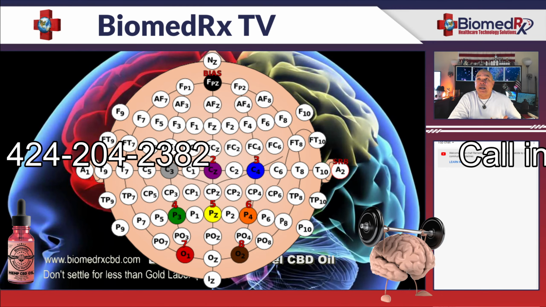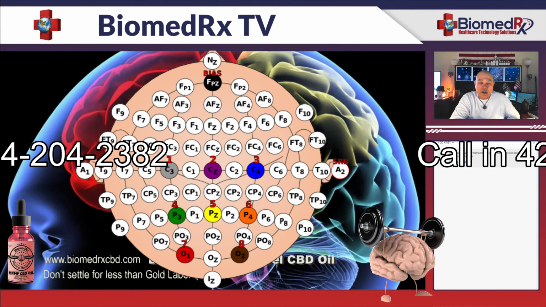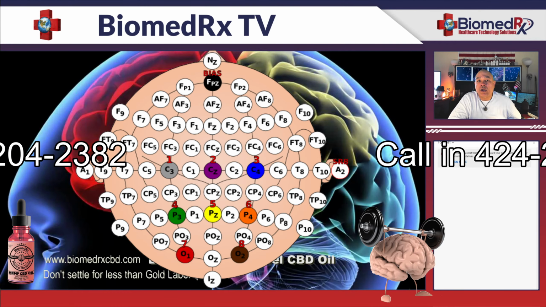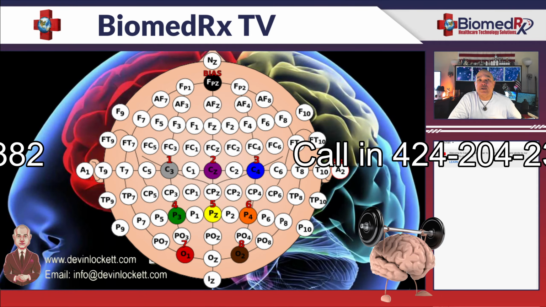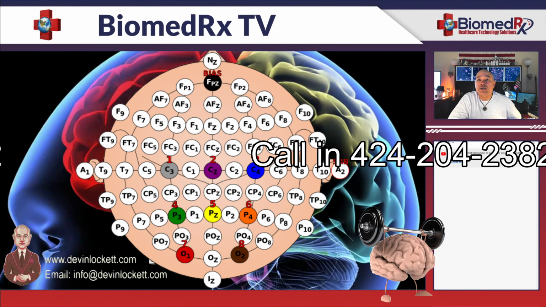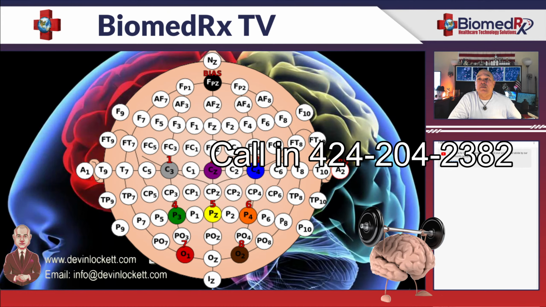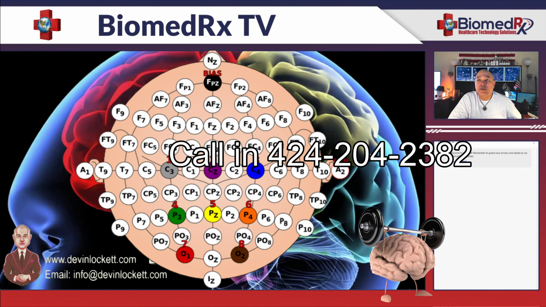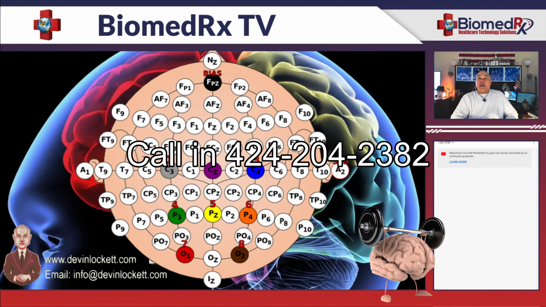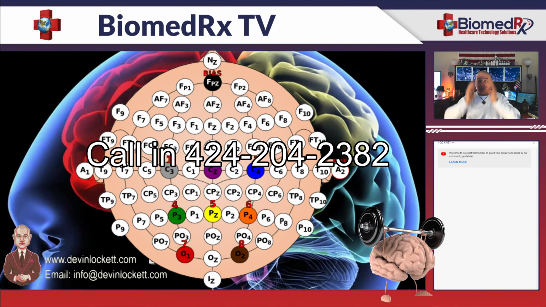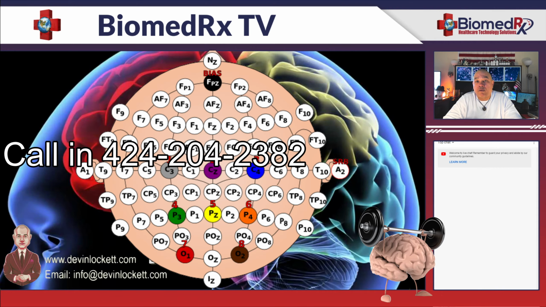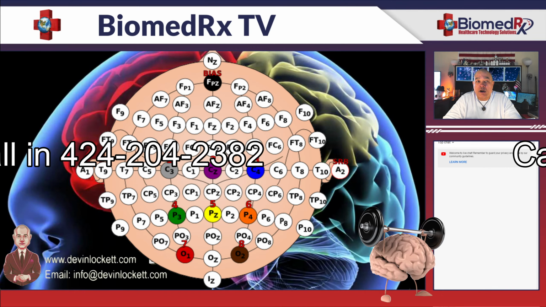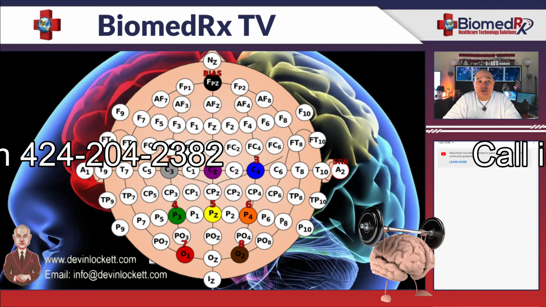I have one client who recovered from a stroke and operation, and it's an ongoing struggle with him, and we're doing a lot of training along the motor cortex. You also want to train the frontal lobe as well, and there are reasons for that. I'm going to get to that in the future.